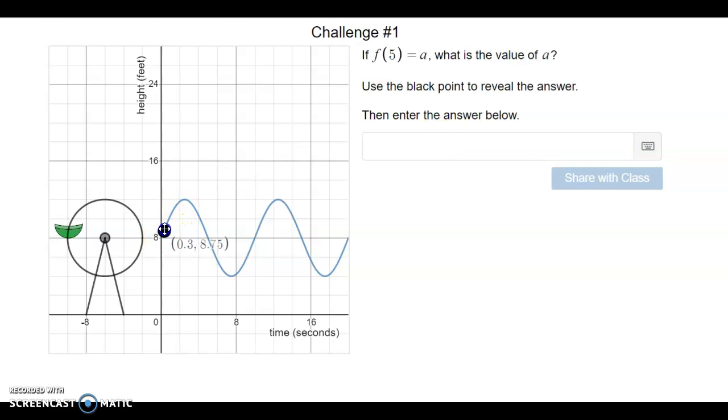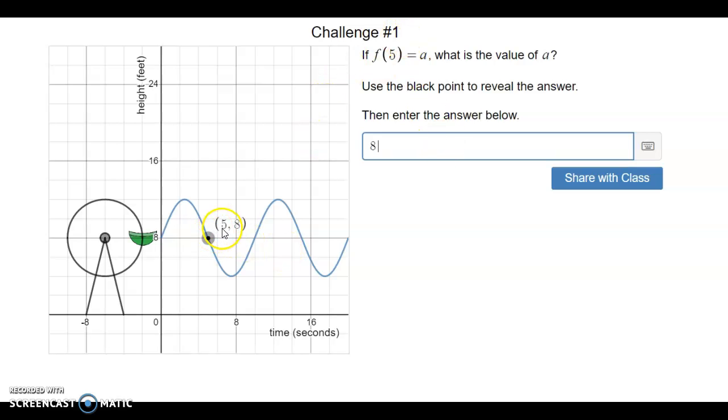So I'm going to drag it and go all the way to 5, as close as I can get. So at 5 seconds, the Ferris wheel would be at 8 feet. So you can just type 8. So at function of 5, my height will be 8.